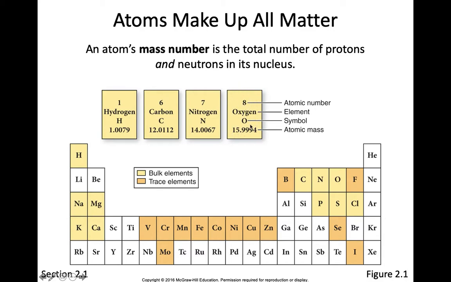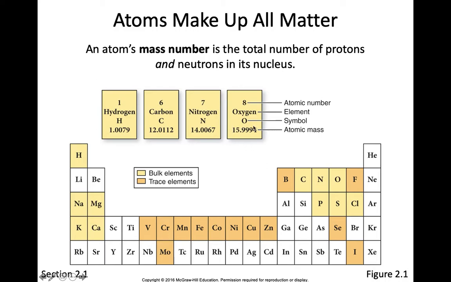Well, how do we know how many neutrons there are? We have a total number here that tells you the number of protons and neutrons, plus the electrons found inside of here, the weight of all of that stuff. You have 8 protons, 8 electrons. How do we know how many neutrons we have? 8 protons give us weight, 8 electrons give us 0 weight, and we have 16 here.